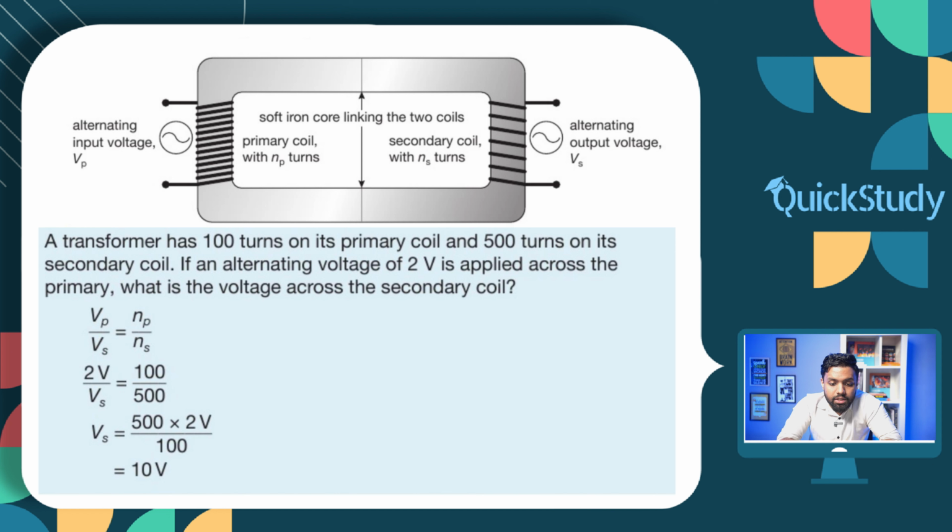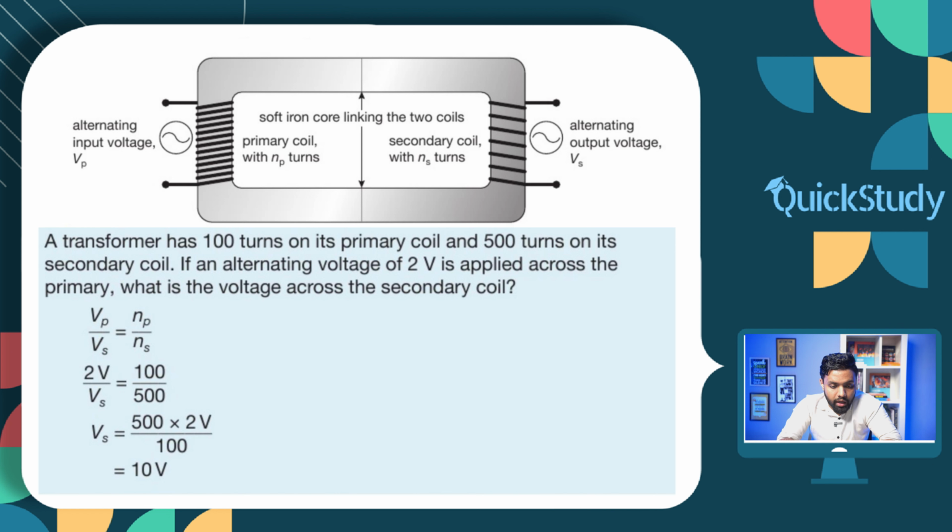A transformer has 100 turns on its primary coil and 500 turns on its secondary coil. If an alternating voltage of 2 volts is applied across the primary coil, what is the voltage across the secondary coil? We have to find the voltage across the secondary coil, which is Vs. We know the formula Vp divided by Vs is equal to Np divided by Ns.